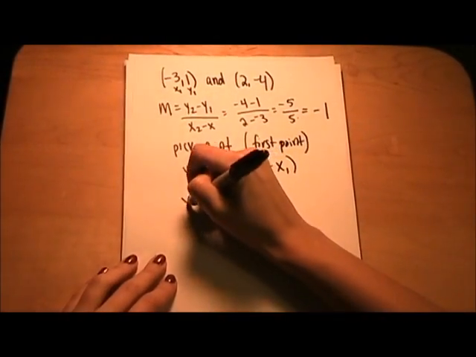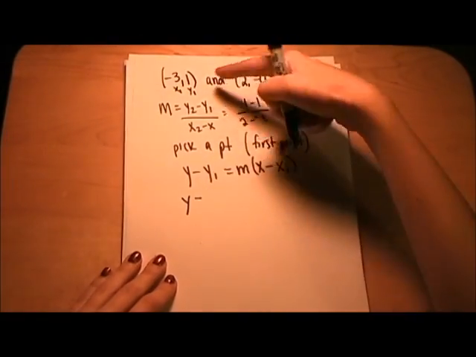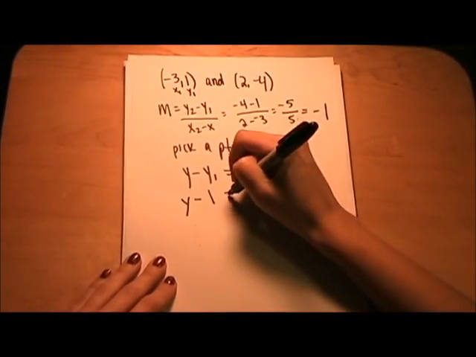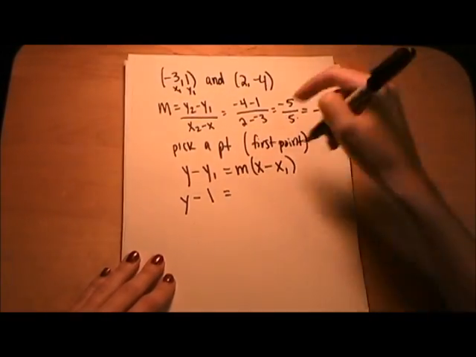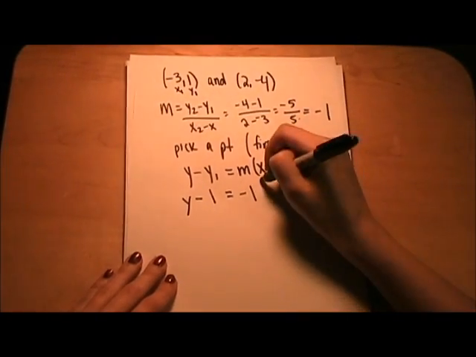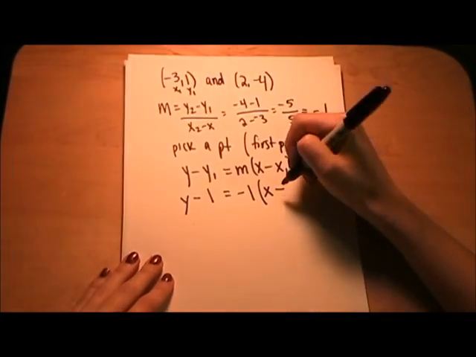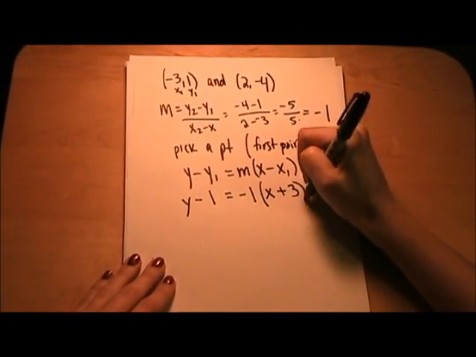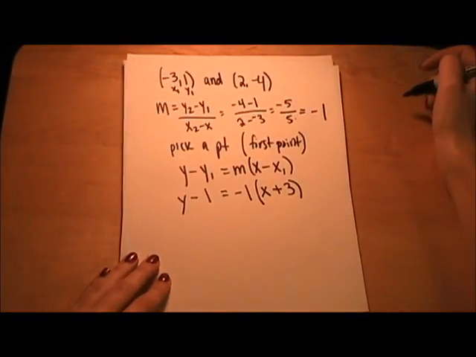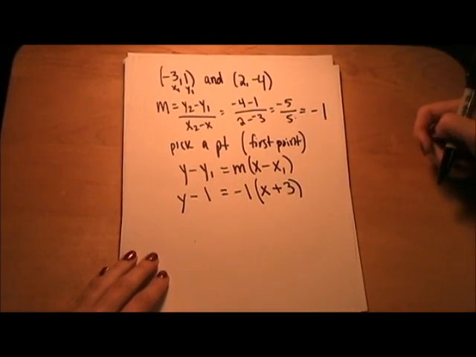It's an equation, so y is going to stay y. I'm using 1 as my y1. My slope I calculated to be -1. x stays the same, and then minus x1 is going to be a +3, because minus a -3 is the same thing as plus a positive.